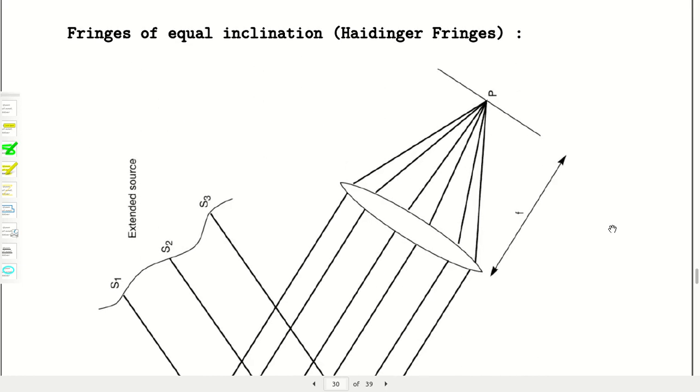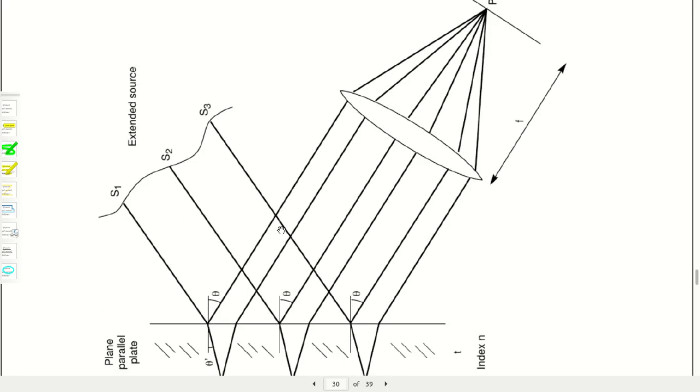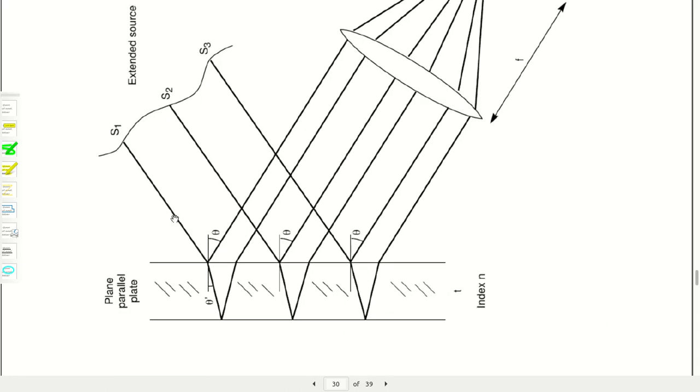This is another case, which is called the fringes of equal inclination. So far we have talked about the fringes of equal thickness. What are the fringes of equal inclination, which are called Haidinger fringes? Let us consider an extended source, a long source, and the light from the source falls on a parallel thin film of thickness t.